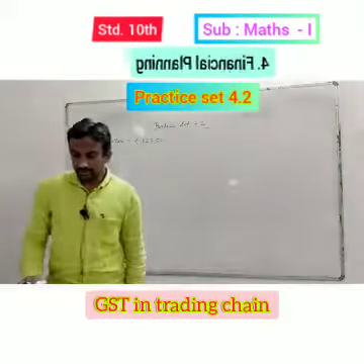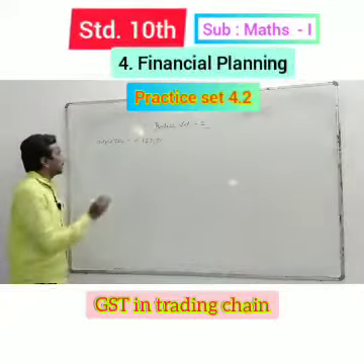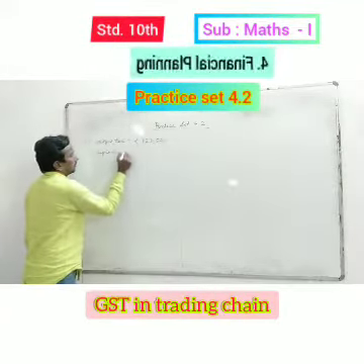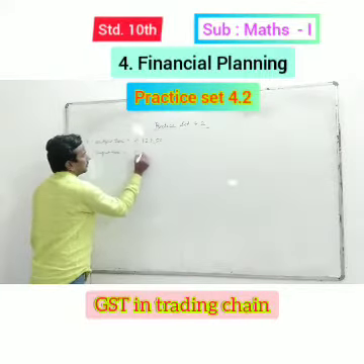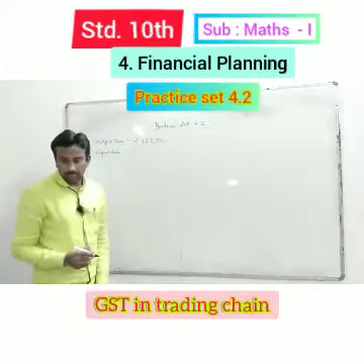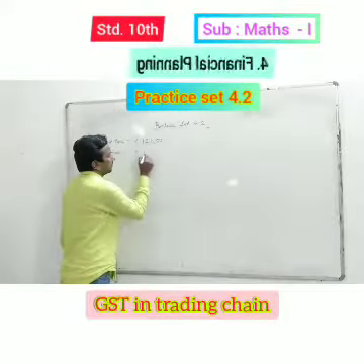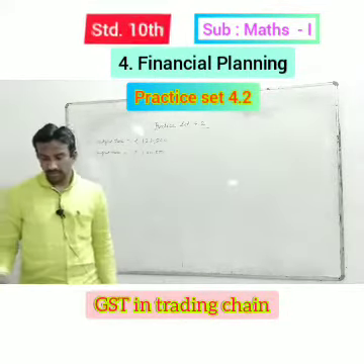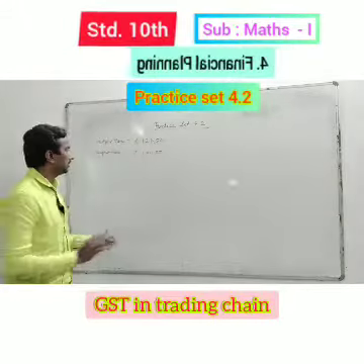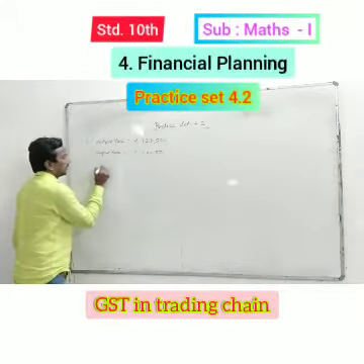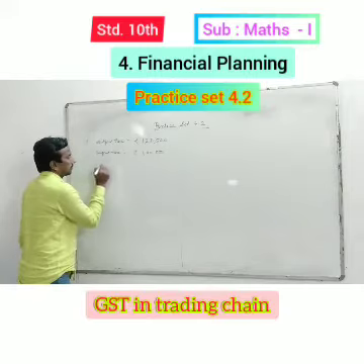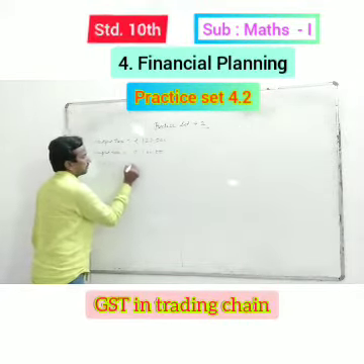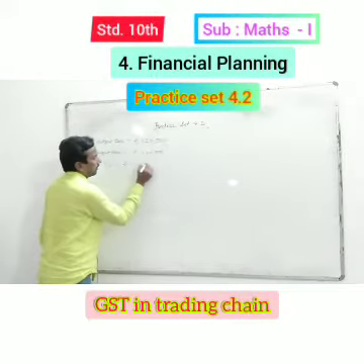Input tax means tax paid at the time of purchase, which is 1,500,000. Now input tax credit means input tax, it is ITC. Input tax credit is also rupees 1,500,000.